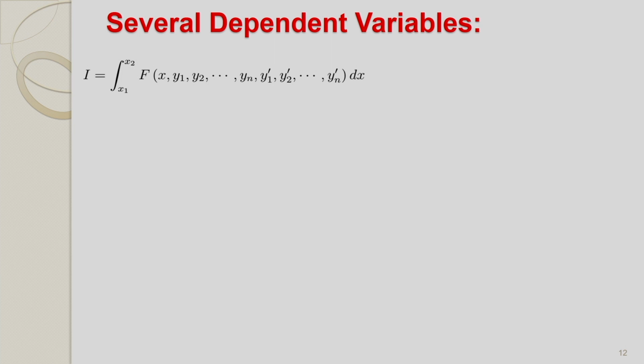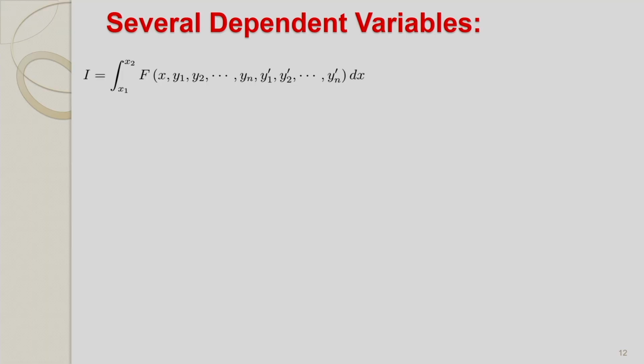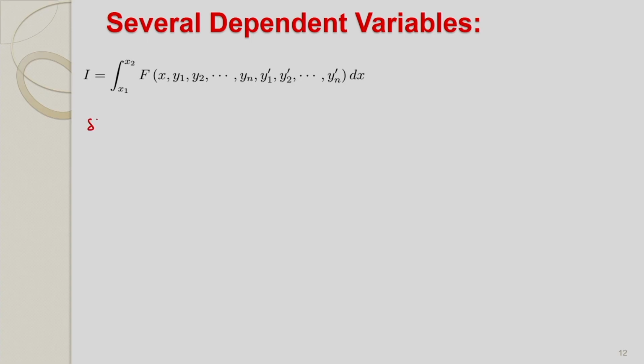Y1 to yn are all functions of independent variable x. We want to minimize this functional. So, variation of this functional is 0.